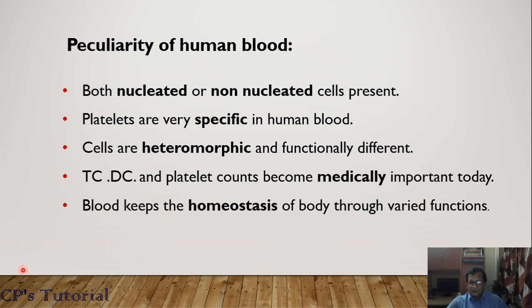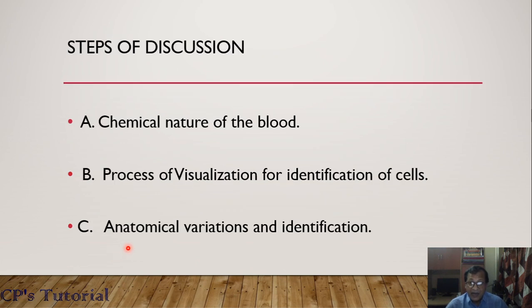Well, so we have got interest to identify the particular cells. I want my discussion to be step by step. Number one, I want to know the chemical characters of those cells which can react with my staining capacity.